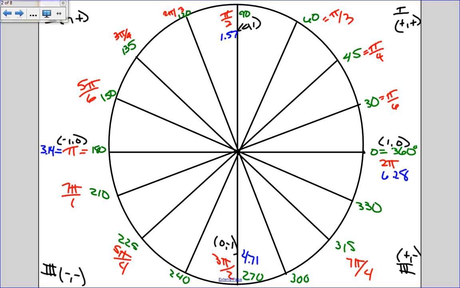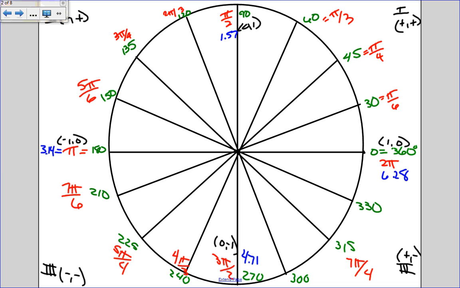7 pi over 6. Add another pi over 6, that gives you 8 pi over 6. What does 8 pi over 6 reduce down to? 4 pi over 3. Okay, but that's actually 8 pi over 6. What's 8 pi over 6 plus pi over 6? 9 pi over 6, which reduces down to 3 pi over 2.